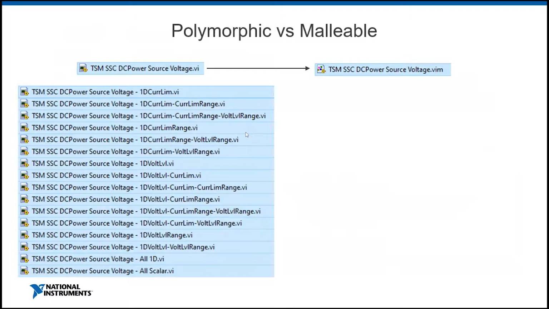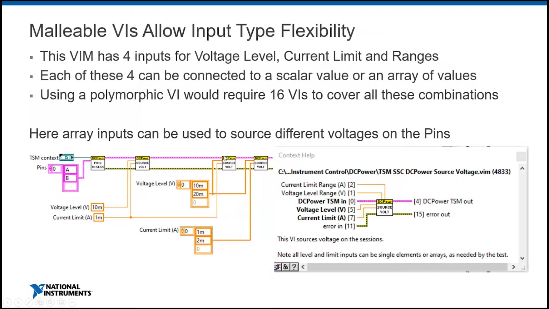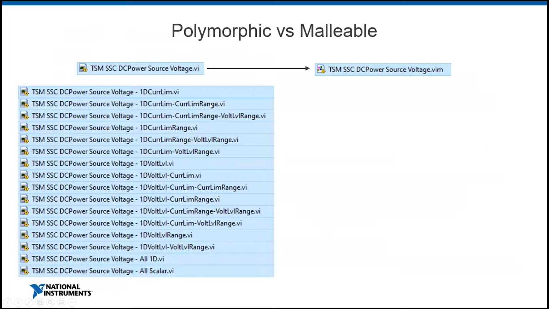A colleague of mine had to backport this malleable VI back to 2016 LabVIEW, which didn't have malleable VIs. And because of that, he's had to create 16 instances to cover the same functionality that we get here, just by the malleability of the VI allowing it to be a scalar or an array. Because it's 2 to the 4th power different combinations of those inputs being scalars or arrays.